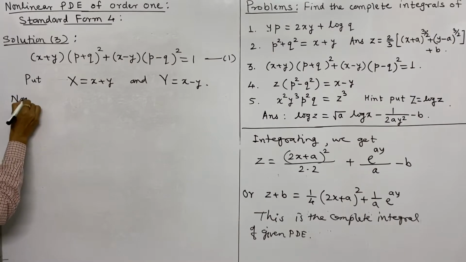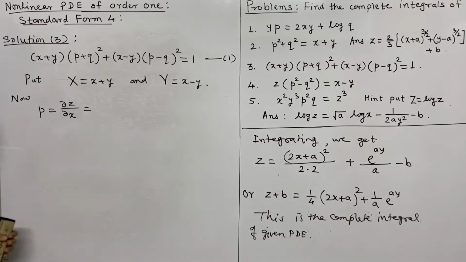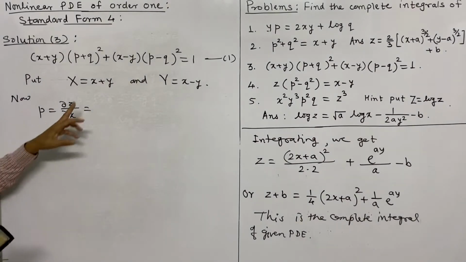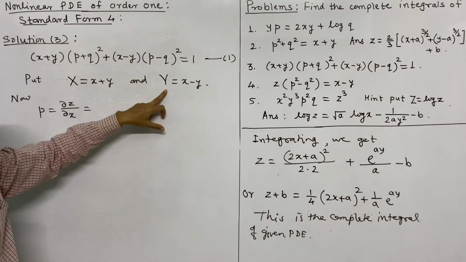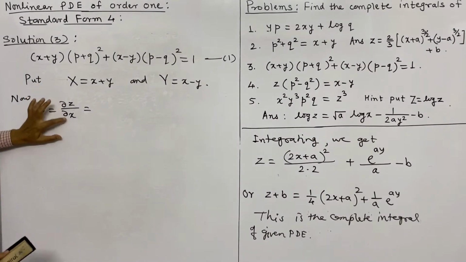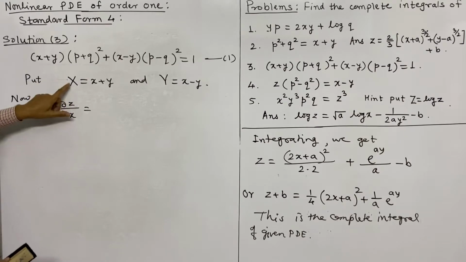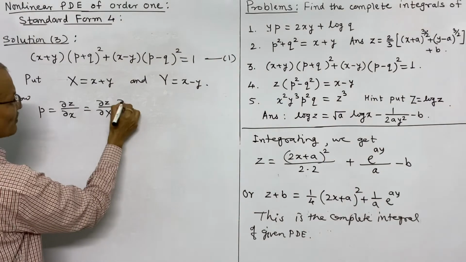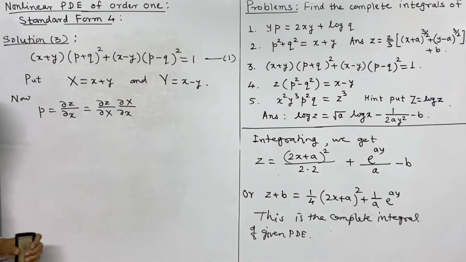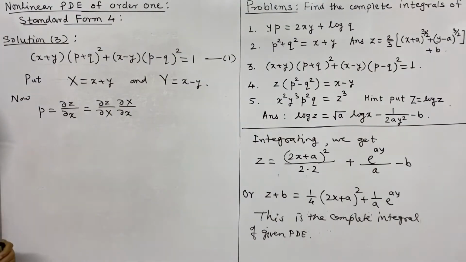Now p is dou z by dou x, and z is actually a function of x and y, but here x and y are considered as functions of capital X and capital Y. So to get the partial derivative with respect to x, first we differentiate z with respect to capital X and then capital X with respect to x, chain rule, and therefore this is expressed as dou z by dou capital X into dou capital X by dou x.